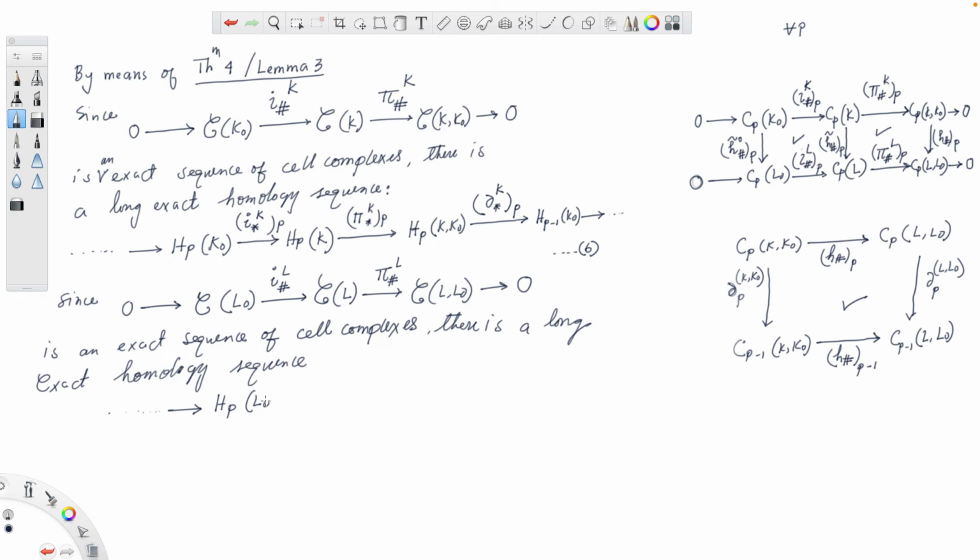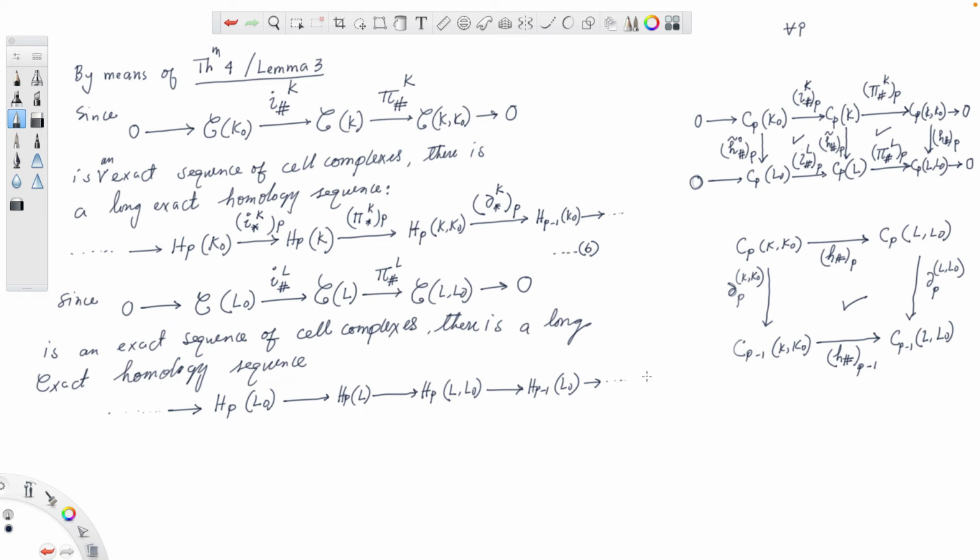HP of L0 to HP of L to the relative homology group of L mod L0, and then to HP minus 1 L0, and goes on like that.